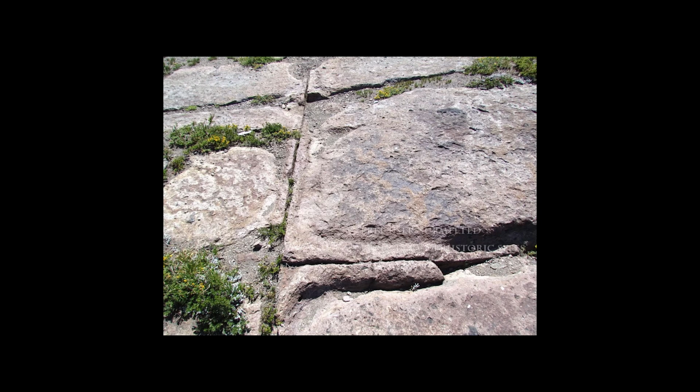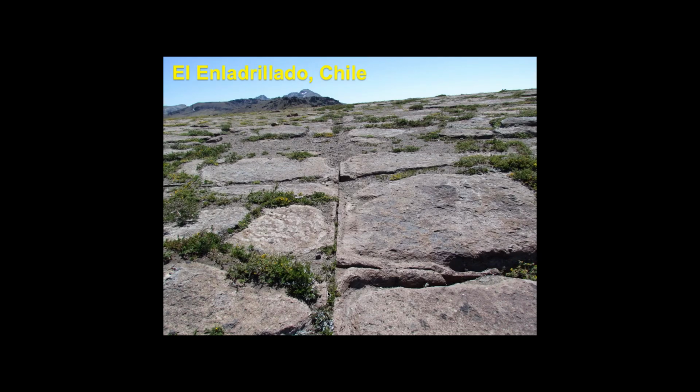So there's the edge of the block almost, and then the raised center portion of the block, and then the margin around the center portion. And then this is a weird lip, just a strange feature.